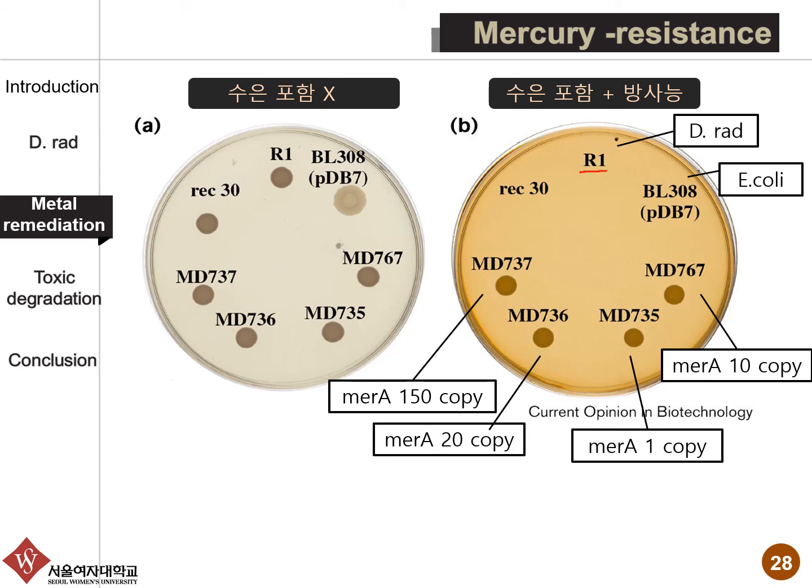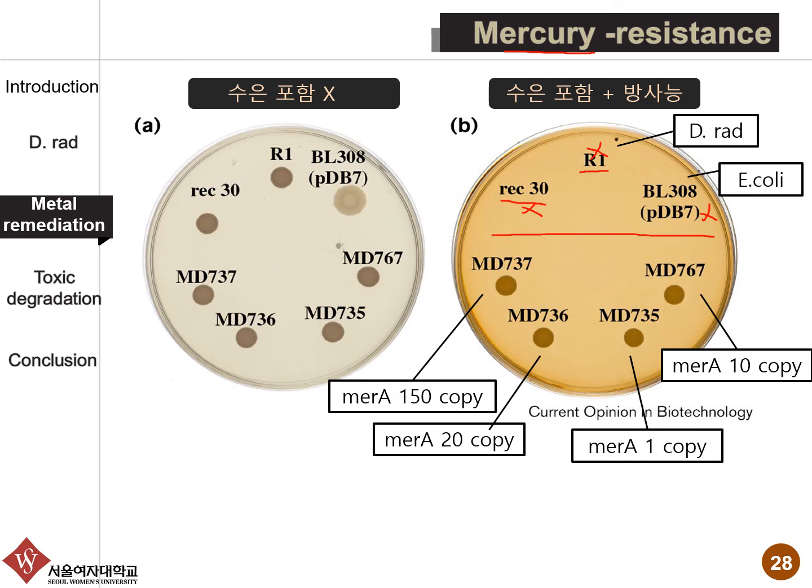And this one is the gamma radiated plate, which has the normal Deinococcus radiodurans, which has no mercury resistant gene, so they will not survive. This R1 doesn't have the mercury gene, and similarly this bacterium has the mercury gene but doesn't have the REC-A, so they will not be able to survive. And E. coli cannot survive because they don't have both radiation resistance and mercury resistance.